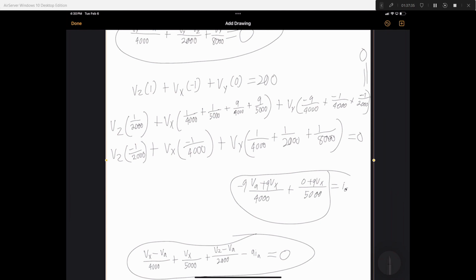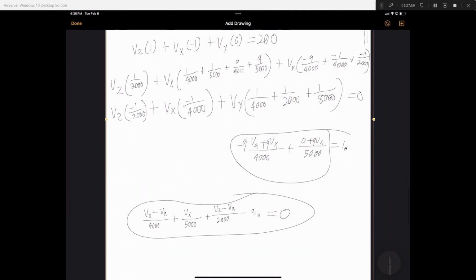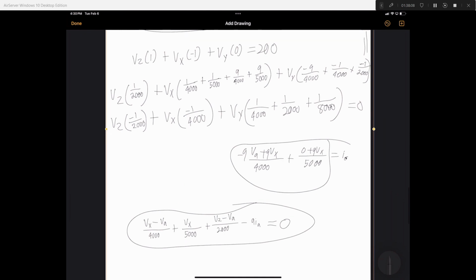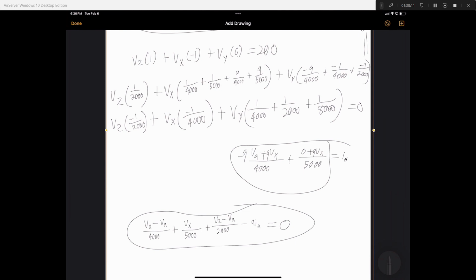Negative 9 divided by 4,000 plus negative 1 divided by 4,000. It's -1.